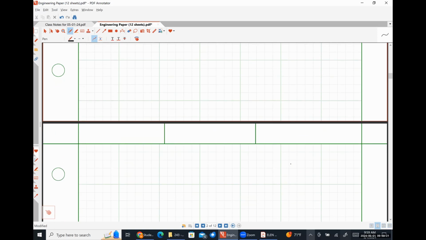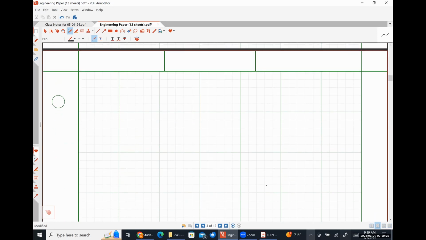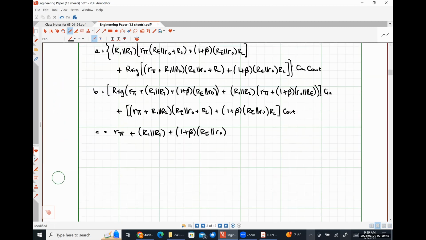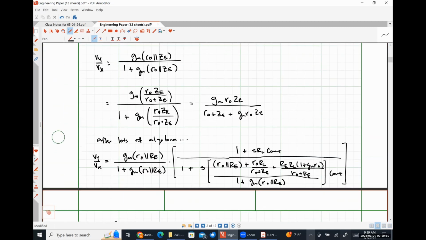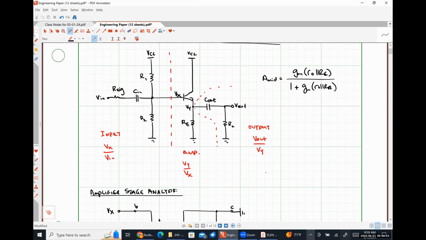All right, so short circuit time constant approximation. We only have two capacitors to deal with, C in and C out. So let's look up here really quickly and see what C in is going to see.